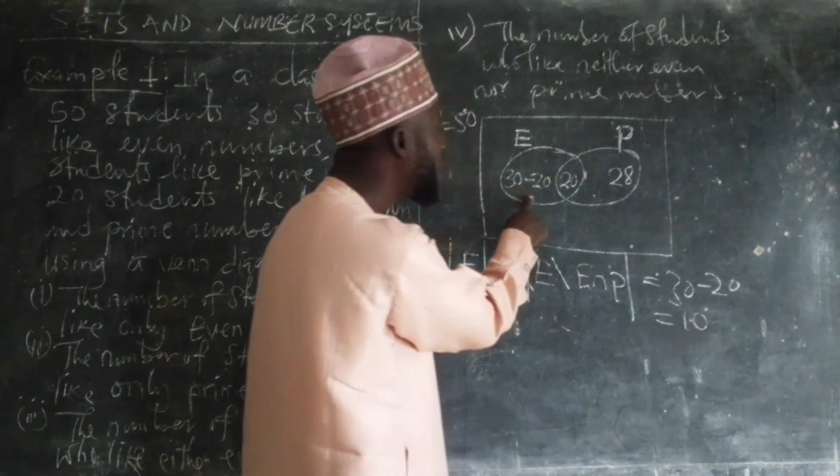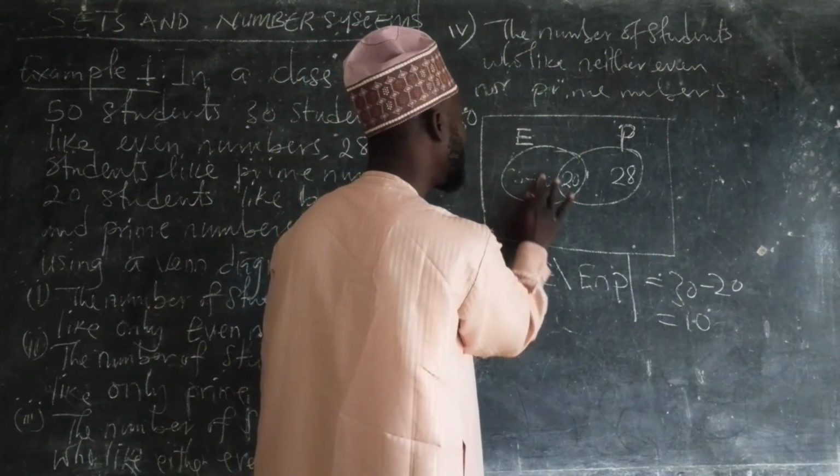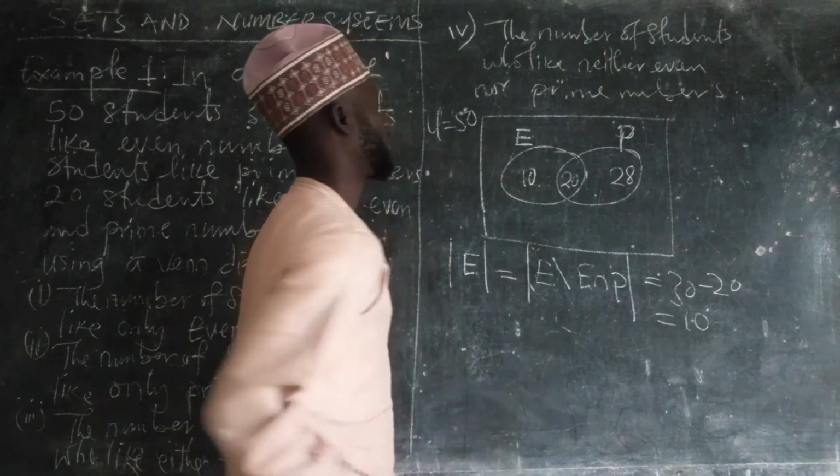So I have only 10 students who like only even numbers. I can clean this and put 10.